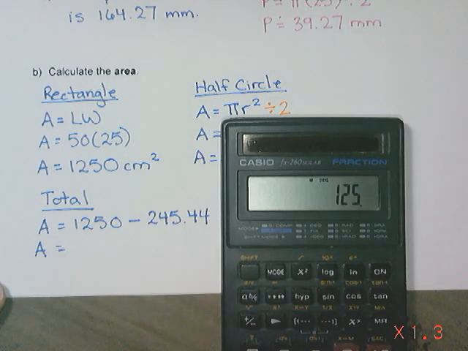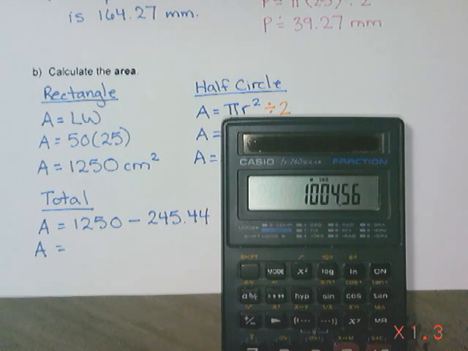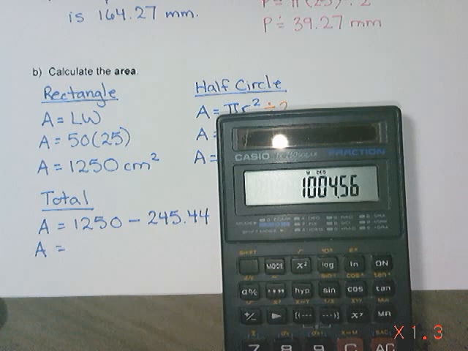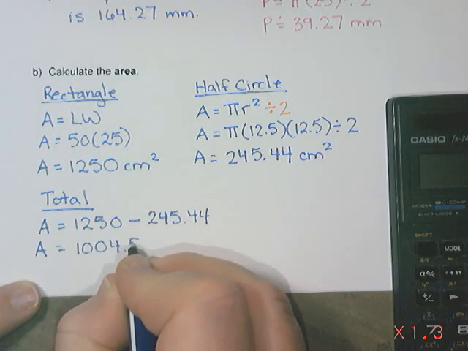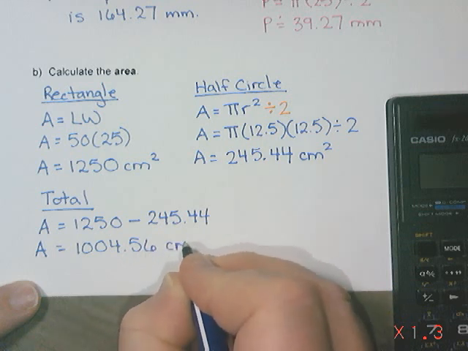So 1,250 take away 245.44 is 1,004.56. And that should be centimeters squared.